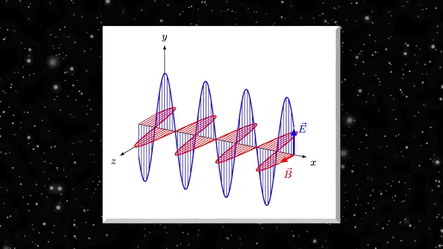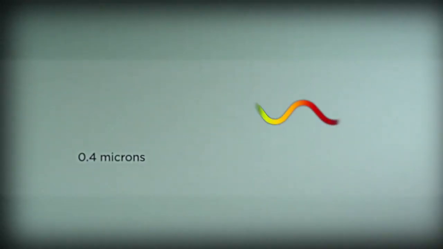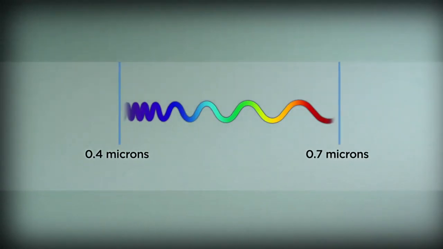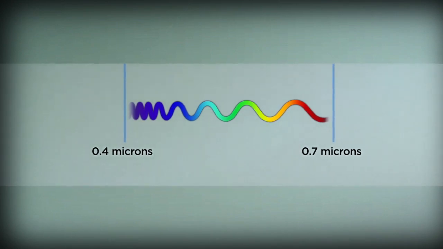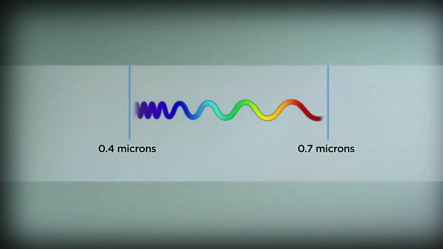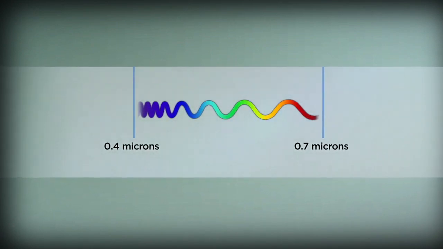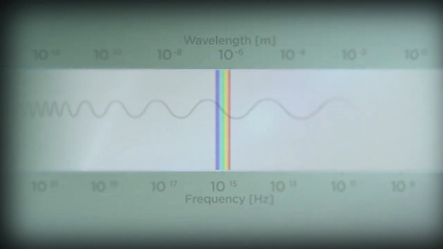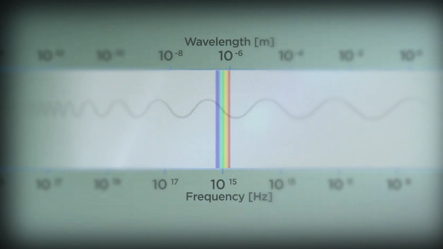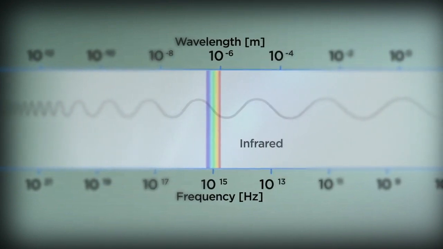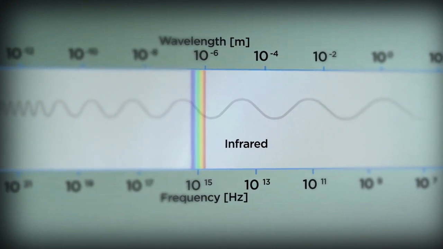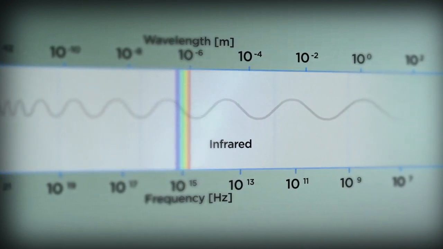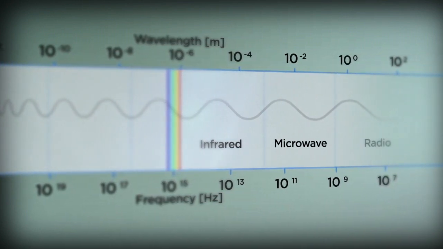The wavelengths of visible light range from 0.4 to 0.7 microns. The corresponding frequency, nu, is just under 10 to the 15th cycles per second, or hertz. But that's just a tiny slice of the whole spectrum. Toward longer wavelengths, there's infrared radiation. And when the wavelength exceeds a millimeter or so, we start calling them microwaves and then radio waves.